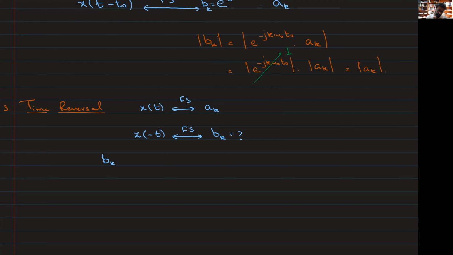अच्छा, if I flip the signal in the time axis, do I expect the time period to change? No. Okay. So the time period should stay exactly the same, right?